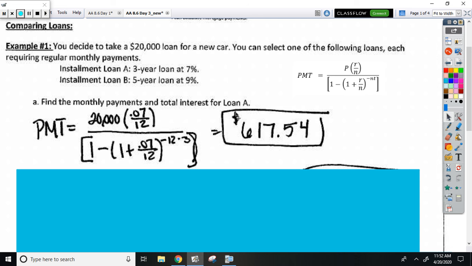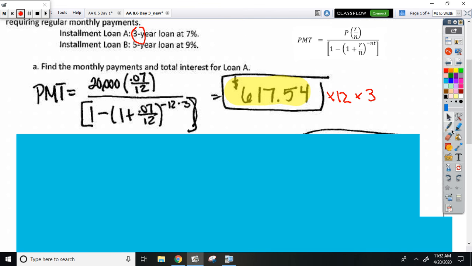And then to find our interest, that's also in part A, we're going to take our monthly payment times 12, because there's 12 months in a year, times the number of years that we're completing this, which is 3.